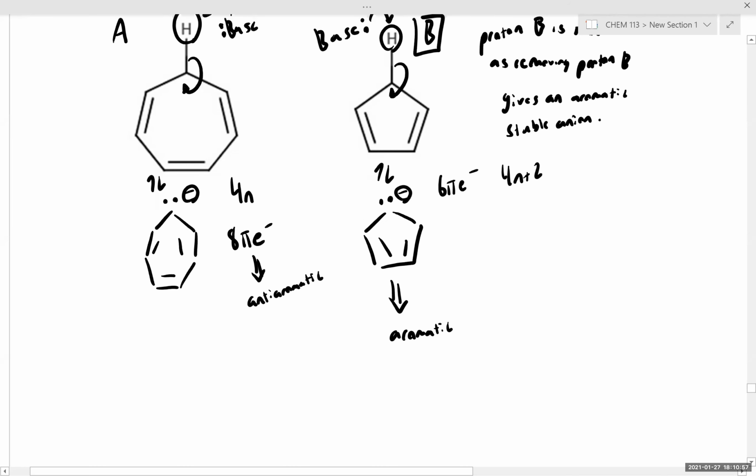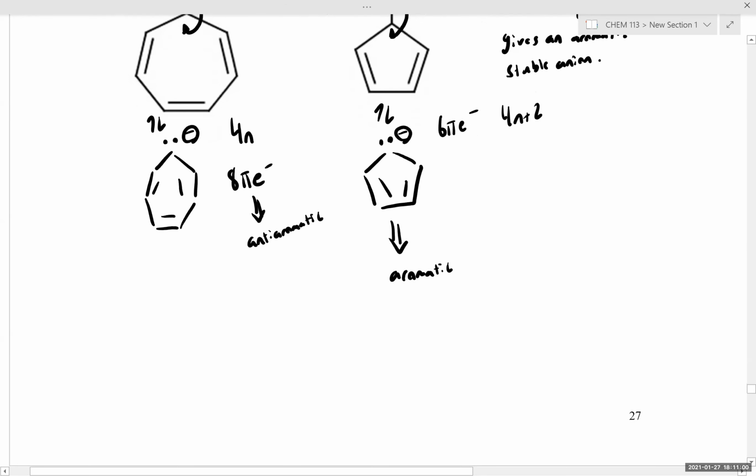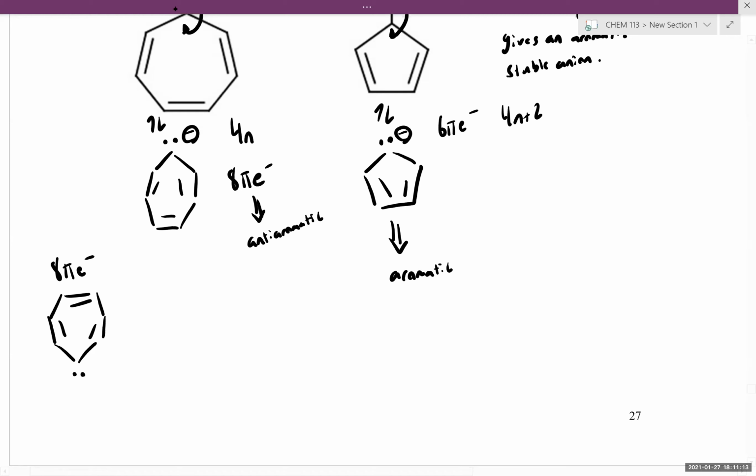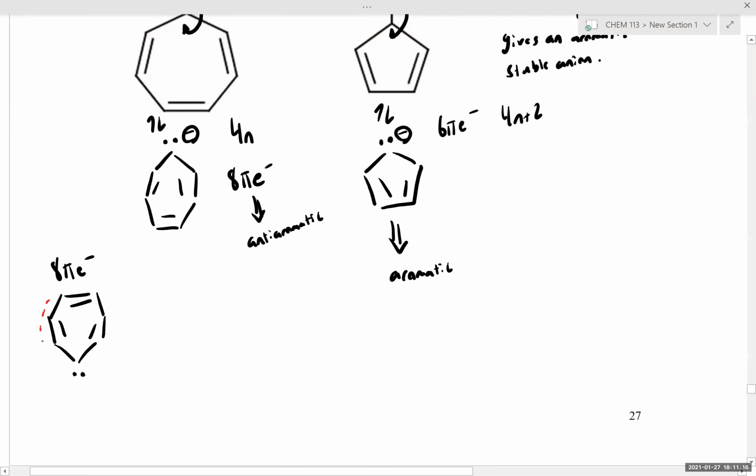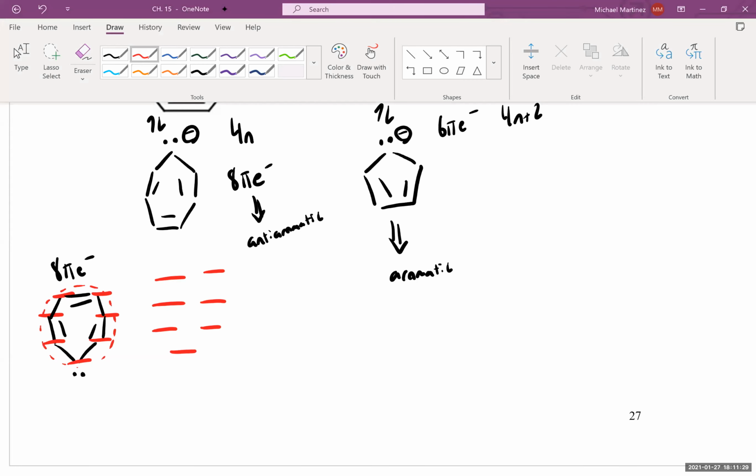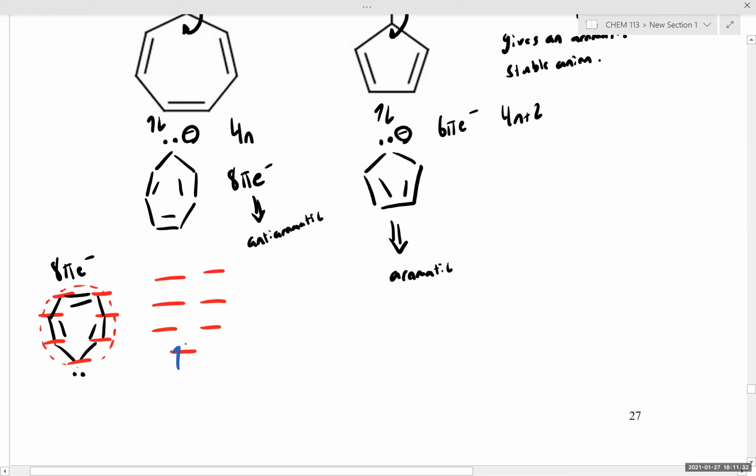So to justify and to look at the MO diagram for structure A, let's unpack this structure a little bit. We know we have 8 pi electrons, and drawing out a Frost circle, we have 7 orbital placements. We then fill our molecular orbitals with our pi electrons, 2, 4, 6, 8.